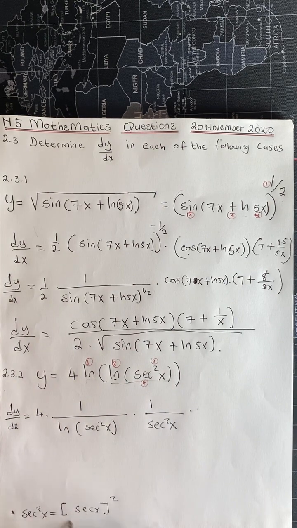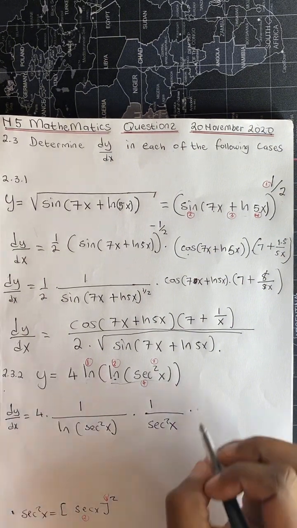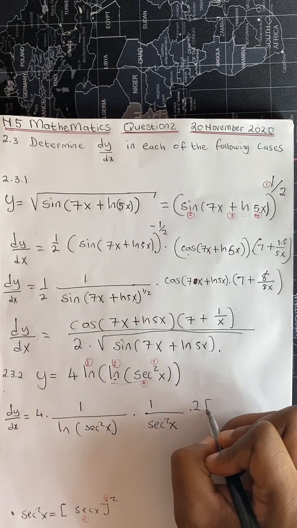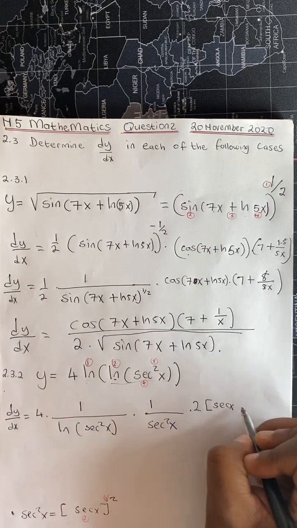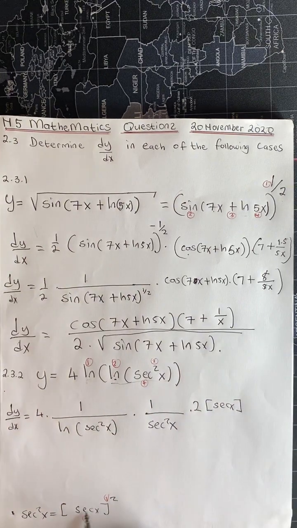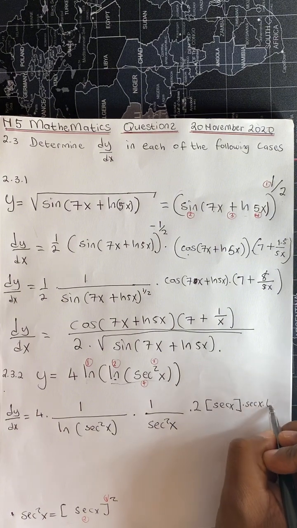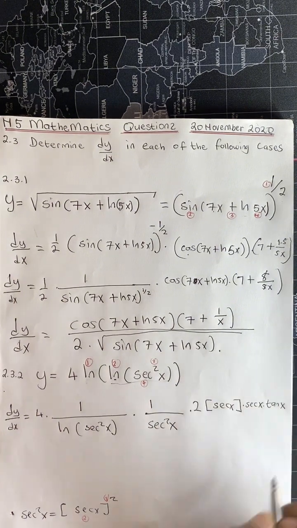It's easier for us to differentiate it when it's like this. So we differentiate first the parentheses, and later we'll differentiate the sec x. This will be 2 sec x, the 2 minus 1 will be 1. Now we differentiate sec x. The derivative of sec x is sec x tan x, also available on the formula sheet.